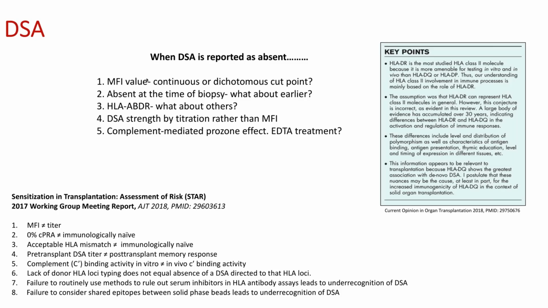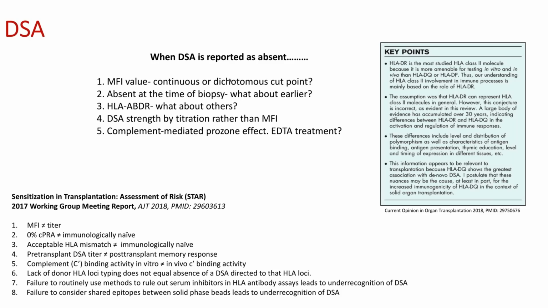Though there we put a cut point and dichotomize the MFI value and call something less than that cut point negative and something more than that cut point positive. That varies among laboratories. So where to put that cut point, and say that below this I'm going to call negative and above I'm going to call positive, that is a confusion.